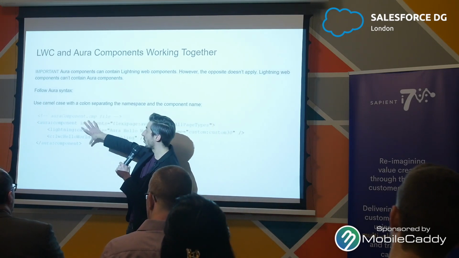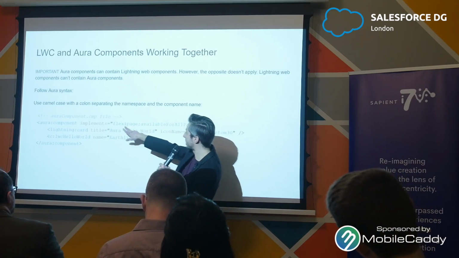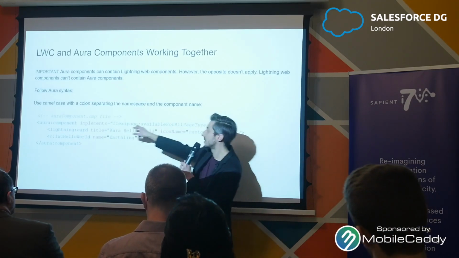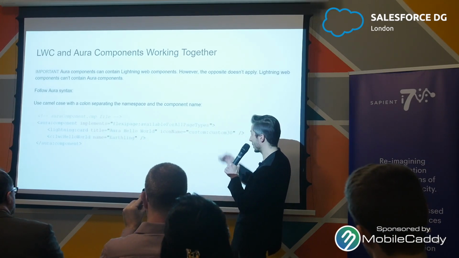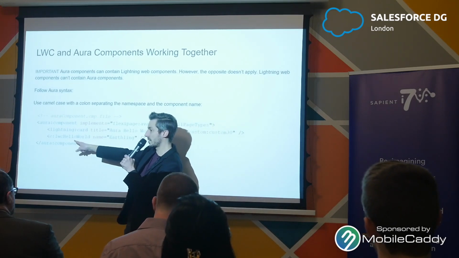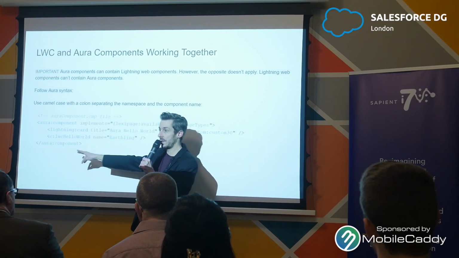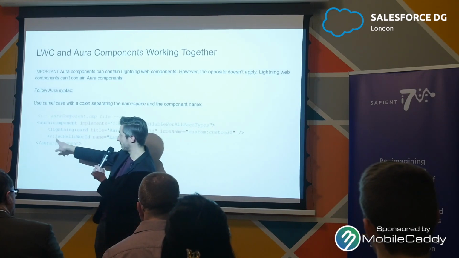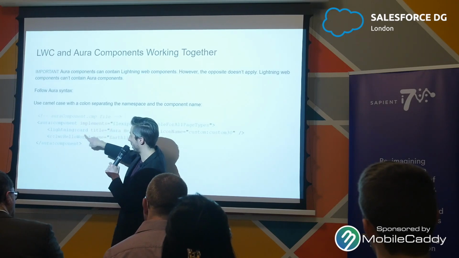So this is an Aura component, and as you can see, it's a container. You can actually put it in some different pages. You have a lightning card, a classic. Now, this is an LWC component, and you use the Aura way of writing it. You see, it's not a dash here, so it's important. This is not the LWC way.